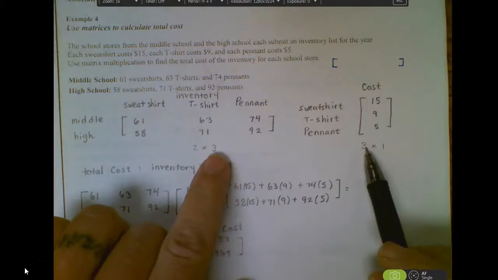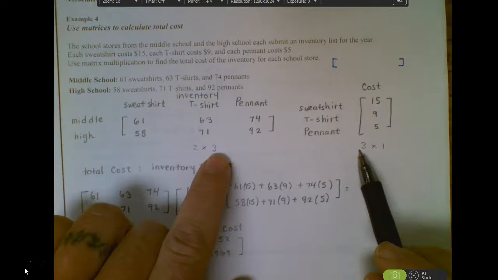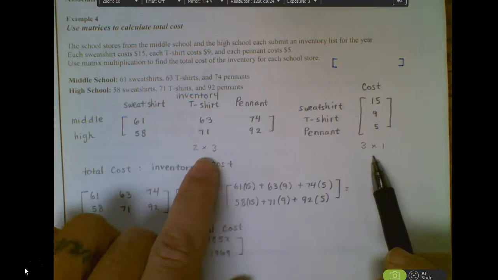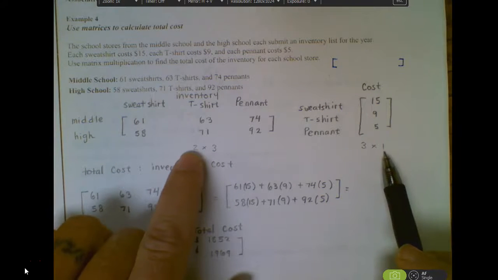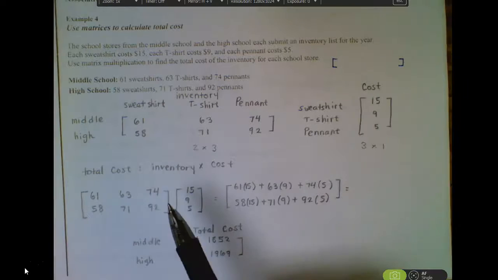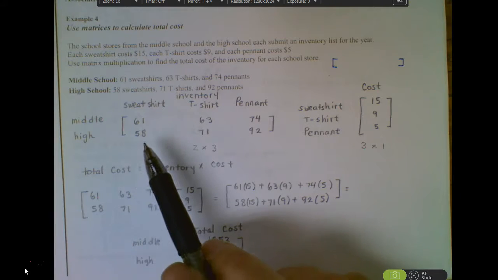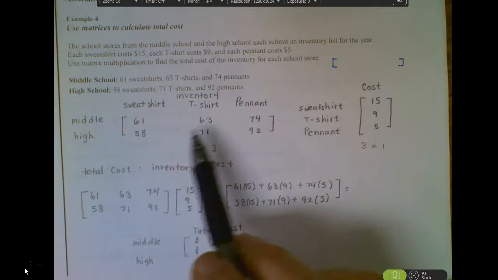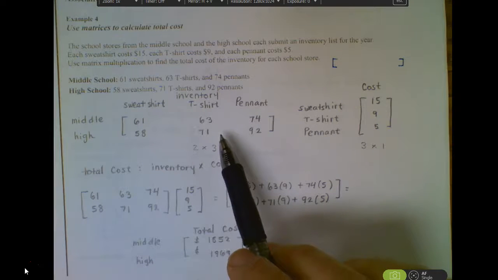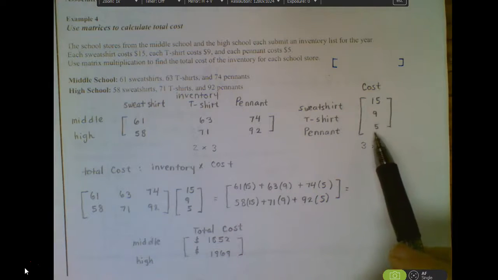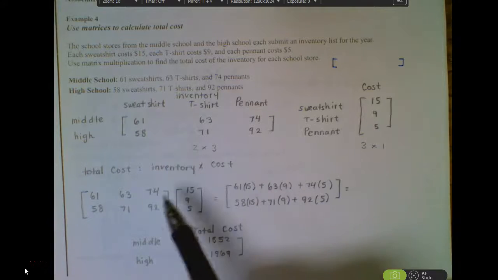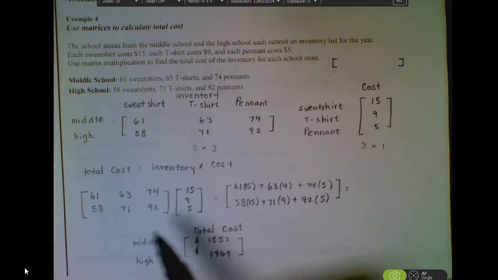Notice again that because my interior numbers match, I am allowed to multiply, and the result will be the 2 by 1 that I see on the outside. And so as I go through and multiply, just like we did in the first page of the lesson, I'm doing my inventory matrix times my cost matrix, and you can see the way all these numbers are going to work out for us.